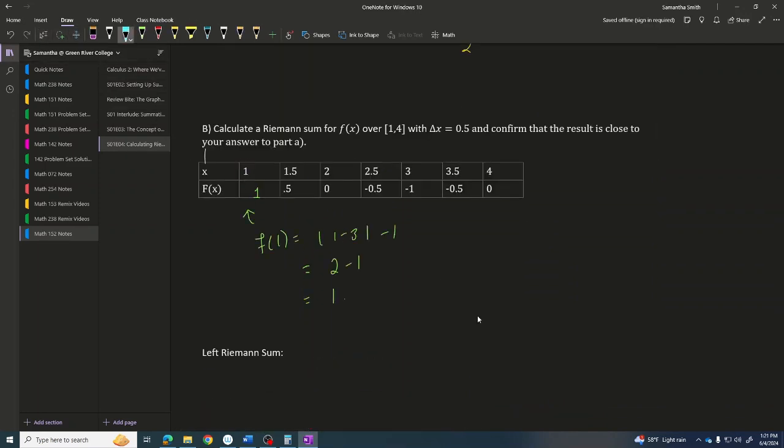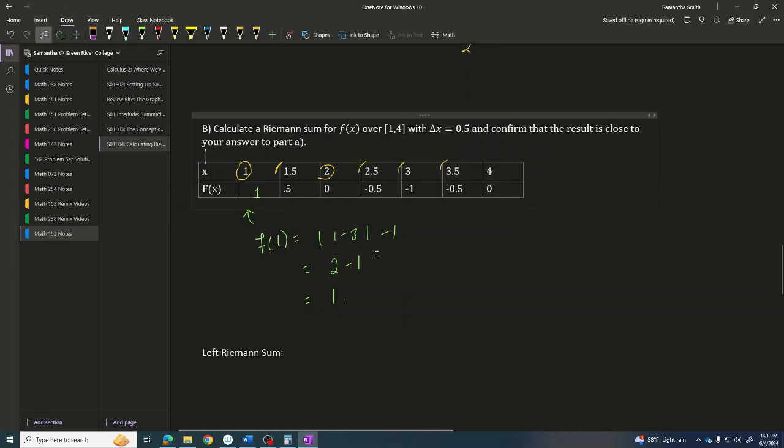Because of my personal tastes, I am choosing to do a left Riemann sum, so on the first chunk, I'm going to choose this left x value. On the second chunk, this left x value. On the third chunk, this left x value. On the fourth chunk, the left x value, and then the left x value, and then the left x value.